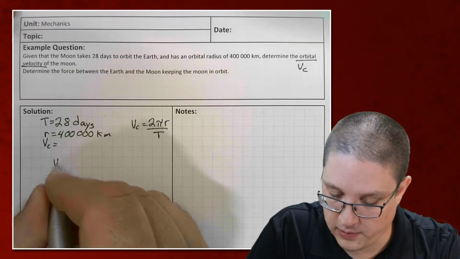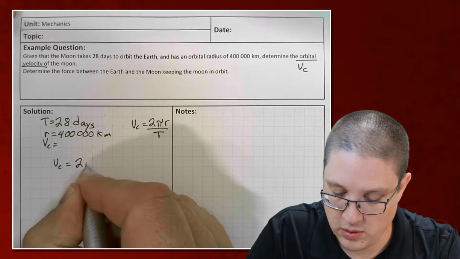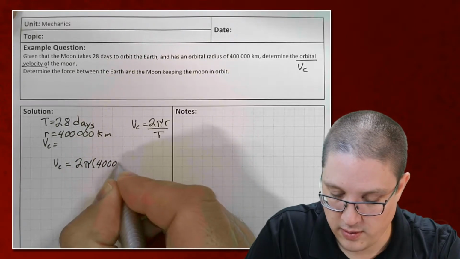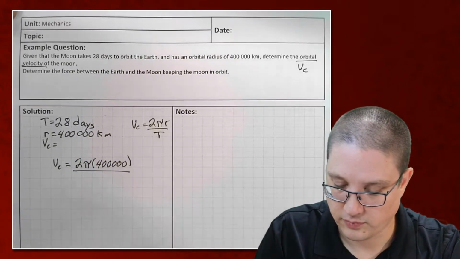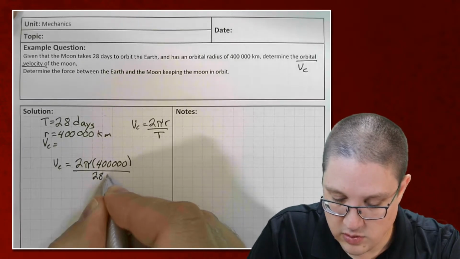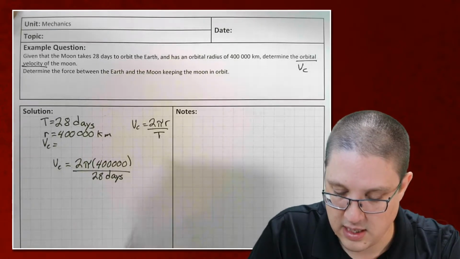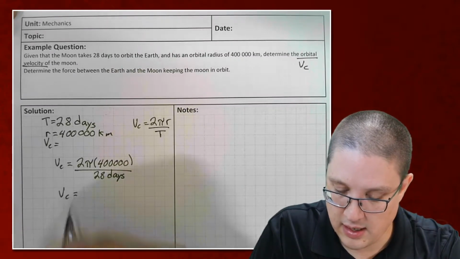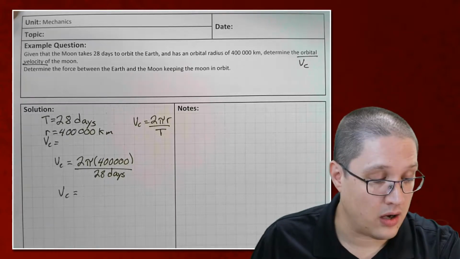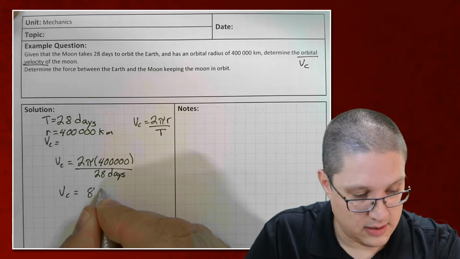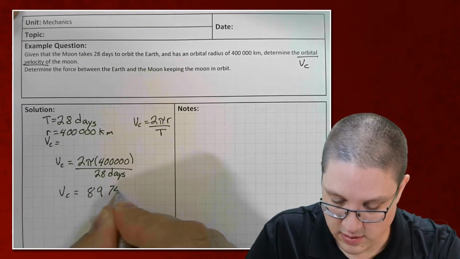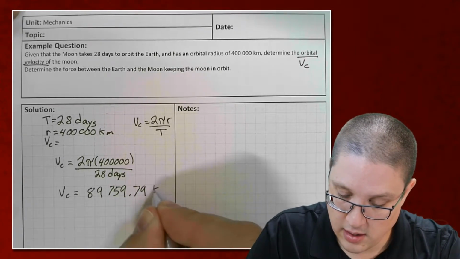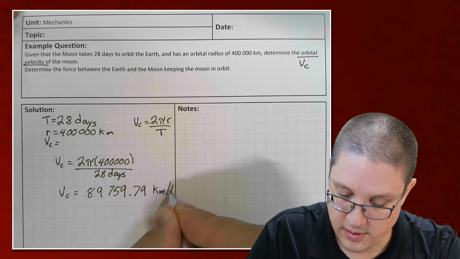Plugging things in, I've got 2 times pi times 400,000 divided by 28 days. This gets me a circular velocity of 89,759.79 kilometers per day.